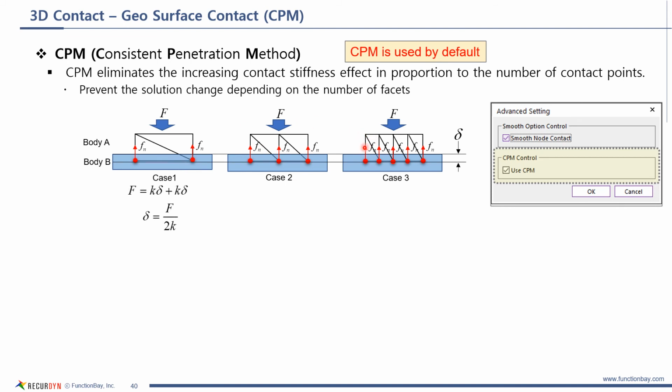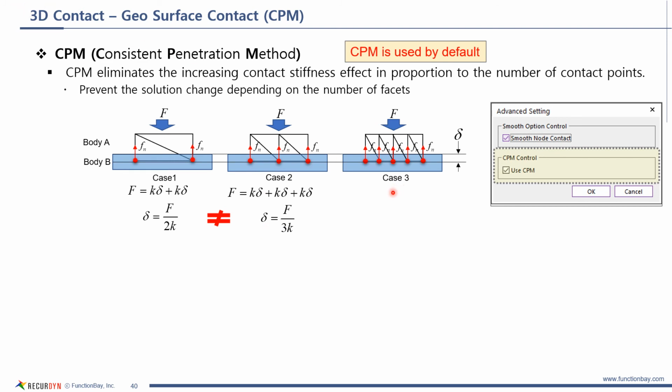In case 1, there are two contact points, so contact force is calculated like this. So the penetration will become F over 2K. In case 2, the contact force is this. So the penetration becomes F over 3K.